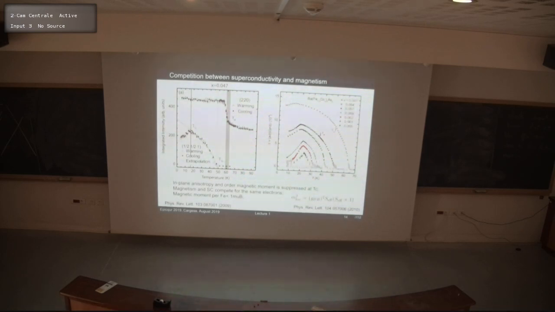One set up by the structural effects, and the second one where the magnetism kicks in and it has an order parameter. Again, as we reach the superconductivity, also the magnetic signal is affected by the development of superconductivity. That means they do compete for the same electrons.